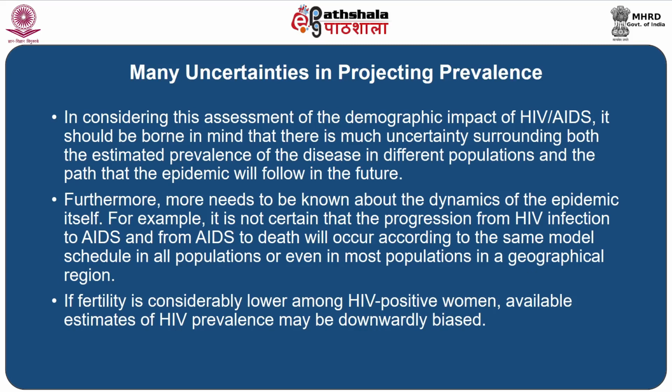For example, it is not certain that the progression from HIV infection to AIDS and from AIDS to death will occur according to the same model schedule in all populations or even most populations in geographical regions. If fertility is considerably lower among HIV-positive women, available estimates of HIV prevalence may be downwardly biased.